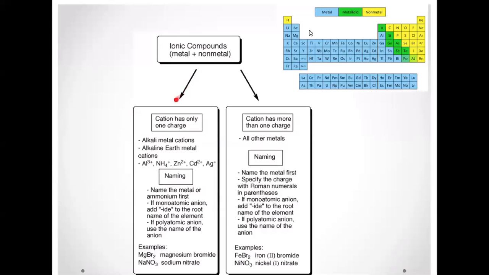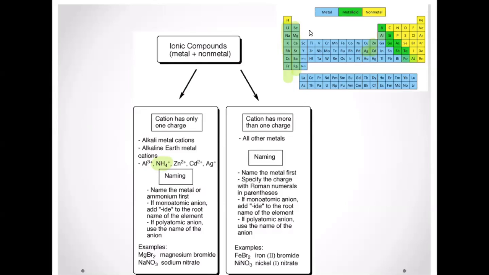Following this arrow, it says your cation has only one charge. This is referring to the fixed ions. Remember, the ones that are fixed are group 1, group 2, aluminum, zinc, cadmium, and silver, and ammonium also, which is a polyatomic ion.